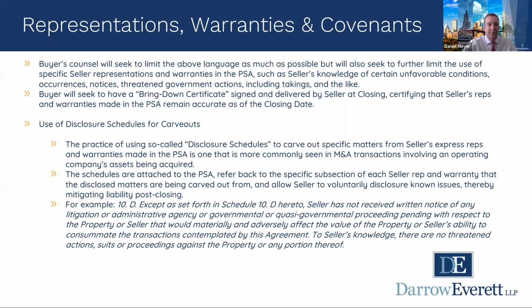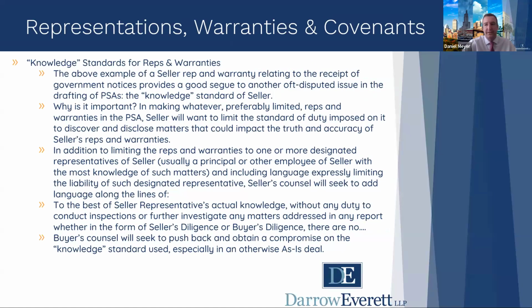This is a typical rep and warranty: except as set forth in Schedule 10D here too, seller has not received notice of any... and you guys can see it, I'll let you read it, but essentially it deals with government notices, actual or threatened. So that would actually allow the seller to list in the schedule to the purchase and sale agreement the actual individual items that they seek to carve out, the things that they know would otherwise violate the reps and warranties they're being asked to make.